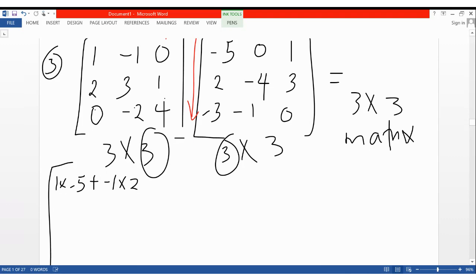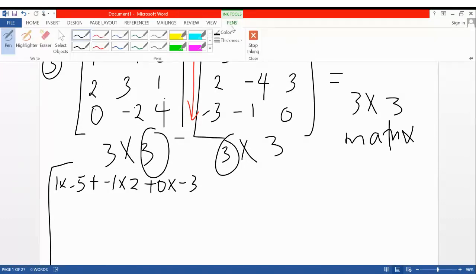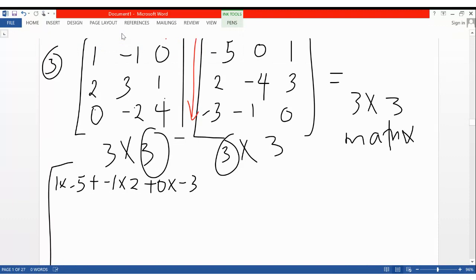Then let me just use another pen. The other one was 1 times 0, plus negative 1 times negative 4, plus 0 times negative 1.